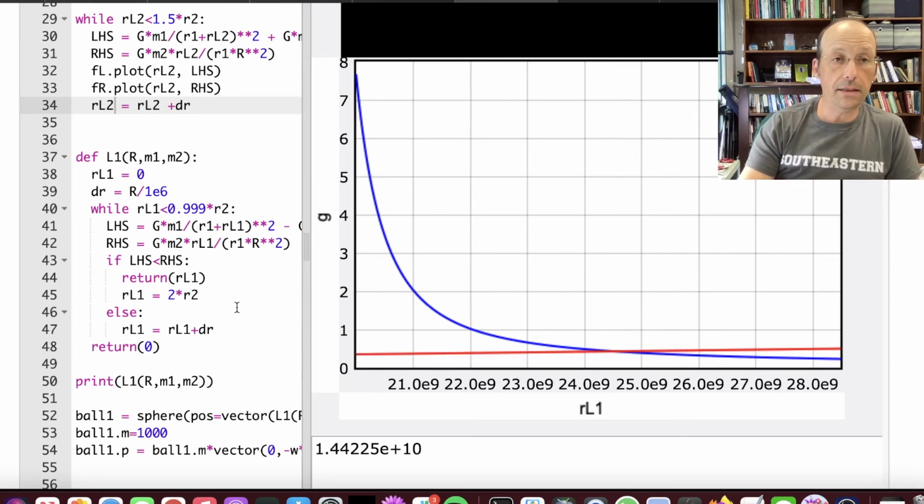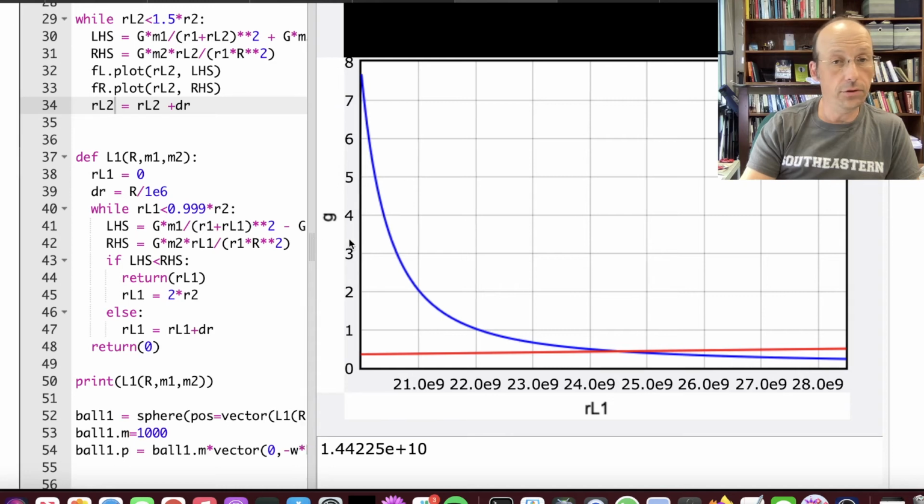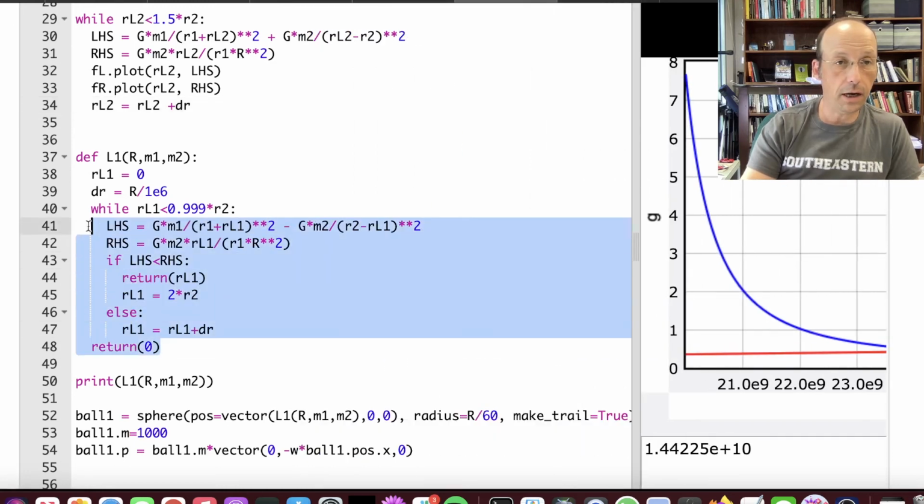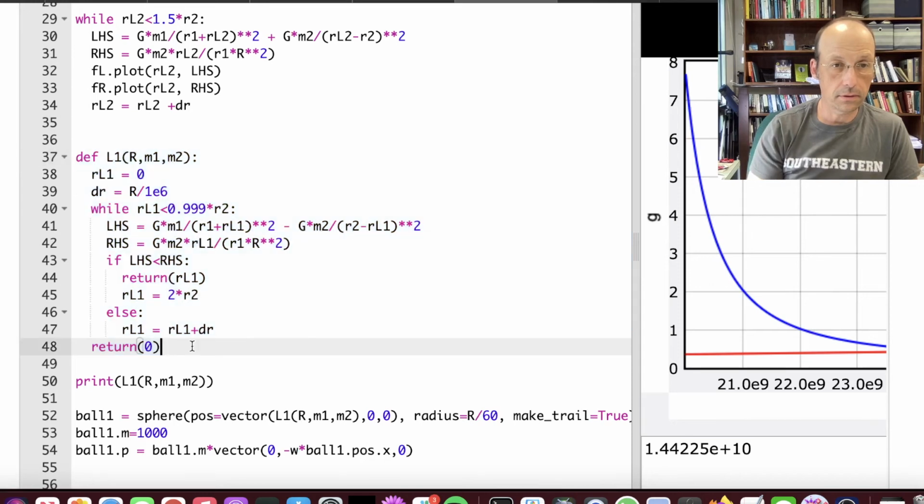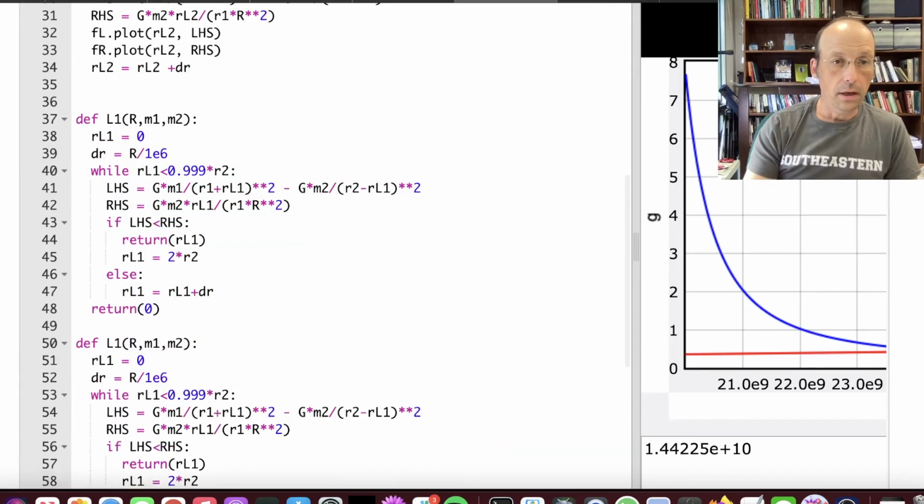So let's make a new function, L2. I'm going to just copy this because it's going to be very similar. And let's call that L2. And let's call that 2. And then dr, let's just keep that the same. And then we're going to do this.